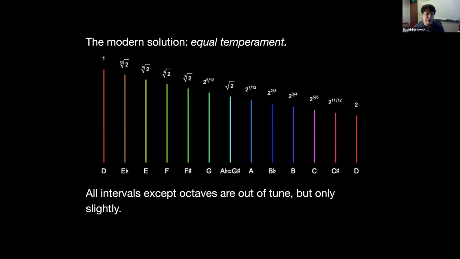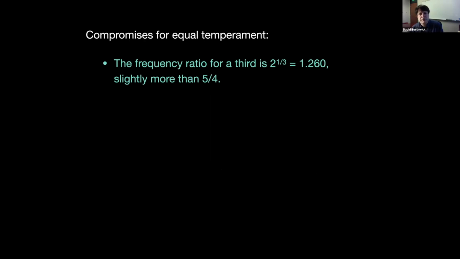It's barely detectable. For example, the frequency ratio for a third in equal temperament comes out to the cube root of 2, which is about 1.26. And what it should be, from your overtone series, is 5/4. So it's not too far off.